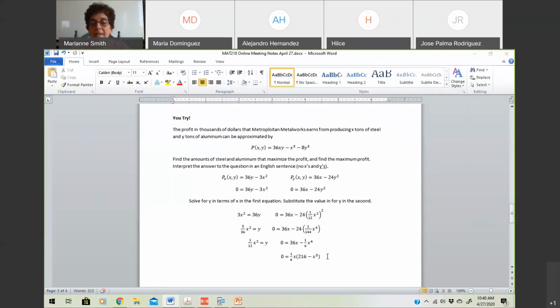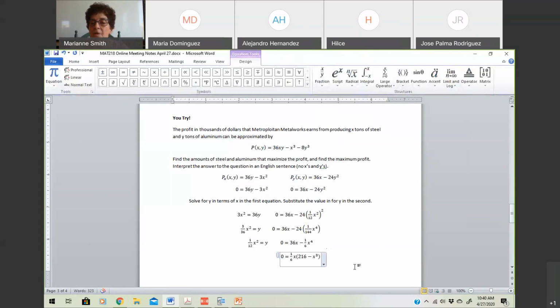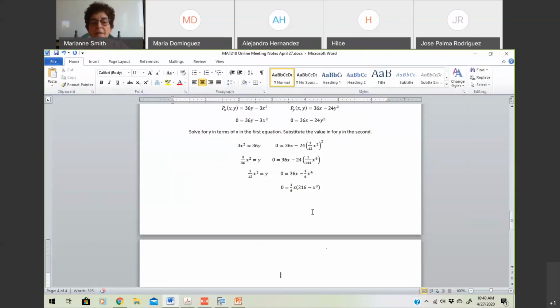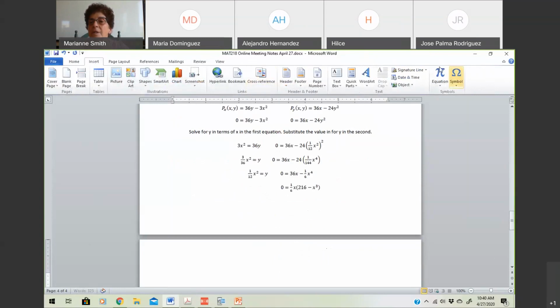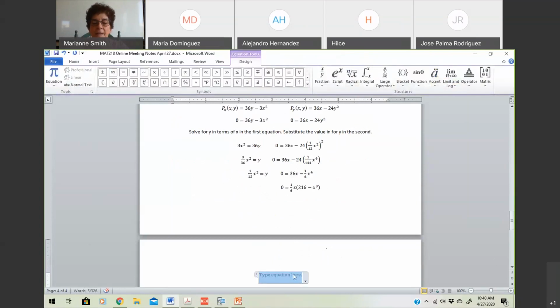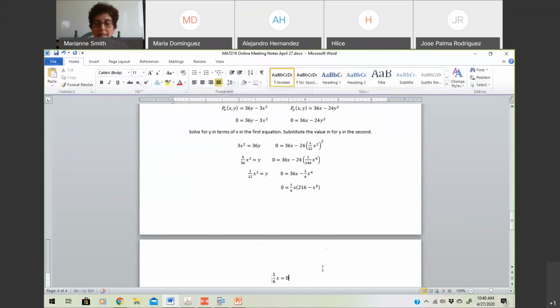All right. Now what I need to do is set both my factors to 0. I want to set 1/6 x is 0, and this is 0: 216 x minus x cubed is 0.